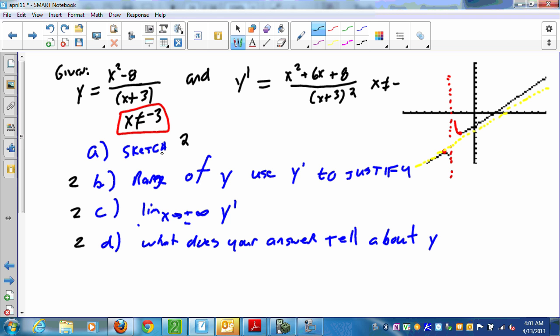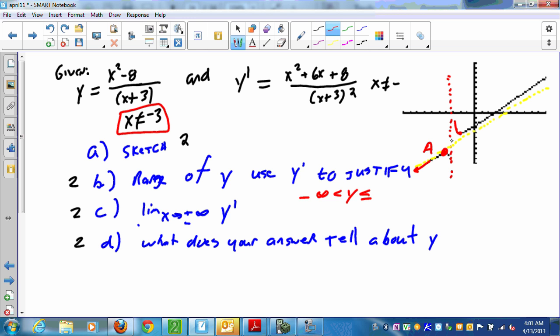So let's move on to part B, and they want us to discuss the range of y. Well, even if you don't give proper justification, you probably can at least get 1 point for talking about the range. Of course, you could use your calculator to help you with this as well, but the range here, this graph continues towards -infinity, and it's greater than or equal to this minimum, or excuse me, this maximum point.